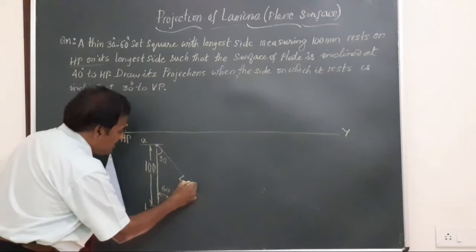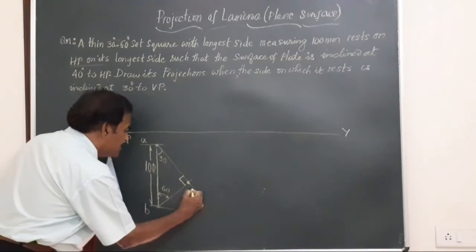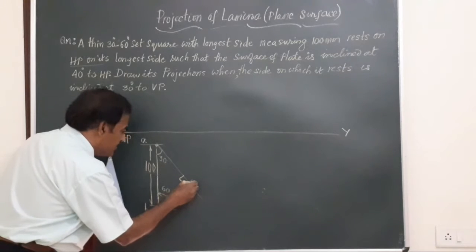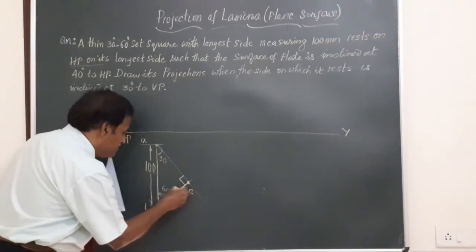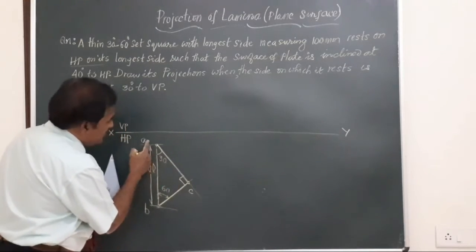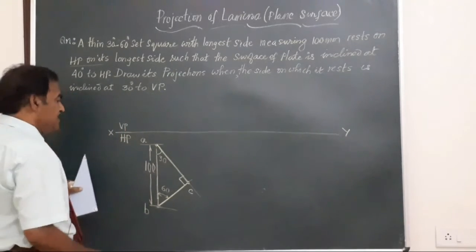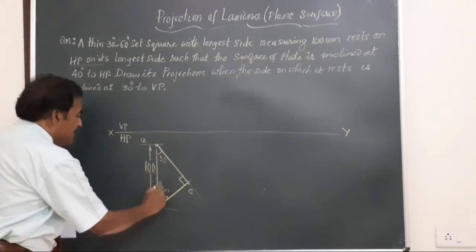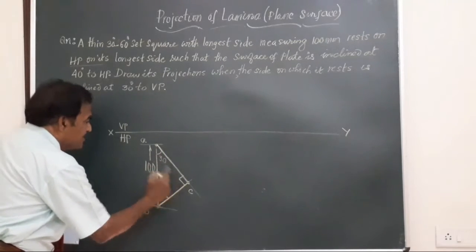So complete this figure. This is AB, and this is going to be the third corner. So join C to B, join C to A. Remember, this AC is perpendicular to BC. The angle A is 30, this angle is 60, this is 90.